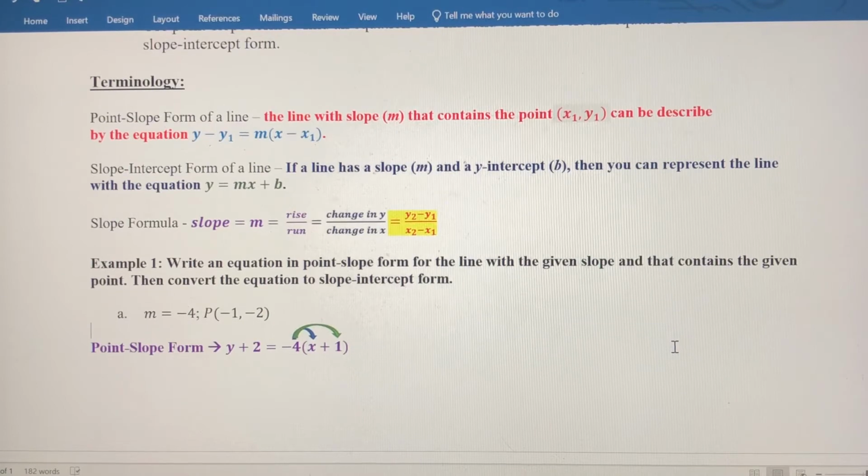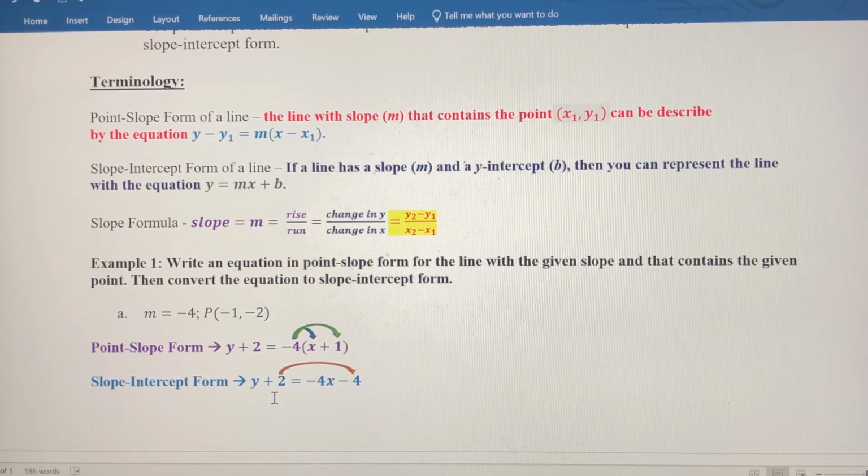So when we do the distributive property there, the left side stays the same. -4 times x is -4x. -4 times +1 is -4. And now remember, slope-intercept form, I want to get y by itself. We're solving for y. So that means this 2 has to go over here to the other side and go together with this -4. So I'm going to move the 2 over.